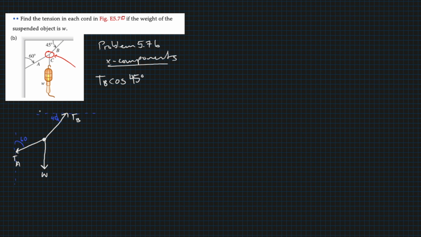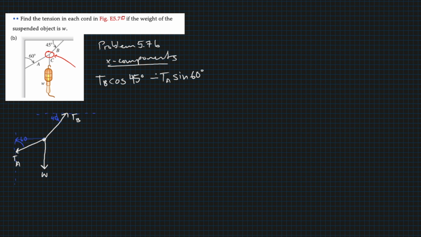Then for tension A, maybe less obvious how we get the horizontal component of vector A. It's, if you look at it enough, hopefully you recognize by now how to isolate these components. It's the side opposite to the 60-degree angle, so it's going to be the magnitude of tension A times sine of 60 degrees.